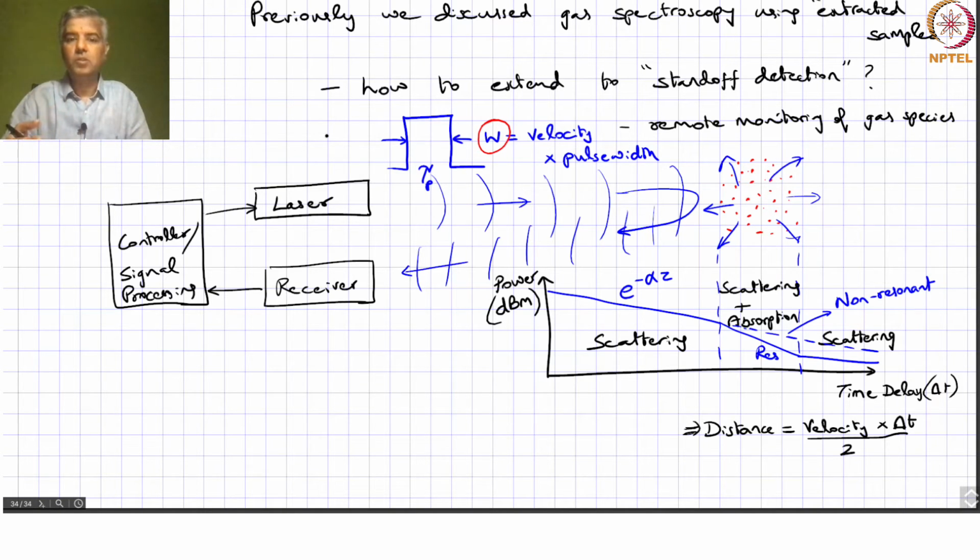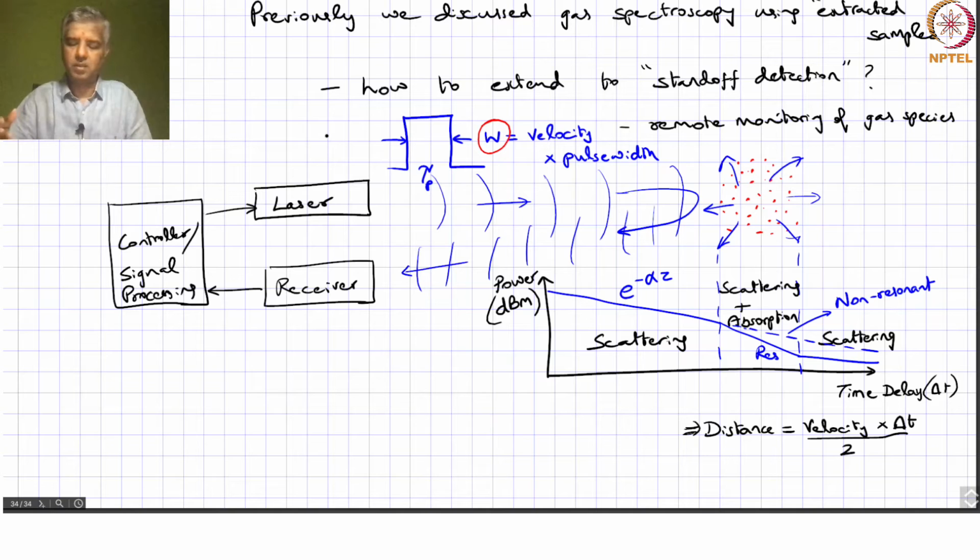What should be the pulse width? What should be the receiver characteristics? What type of receiver do you use? What type of photodiode do you use? Then what is the minimum power level that you can detect using the receiver? Does that support detecting gas from such a long distance?